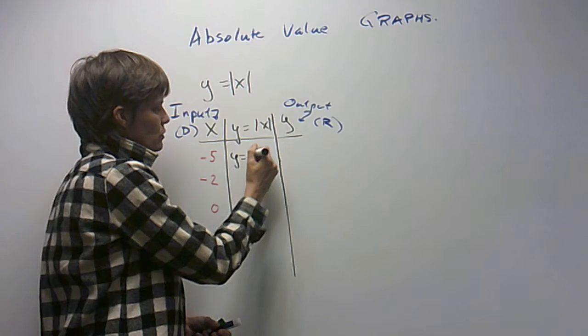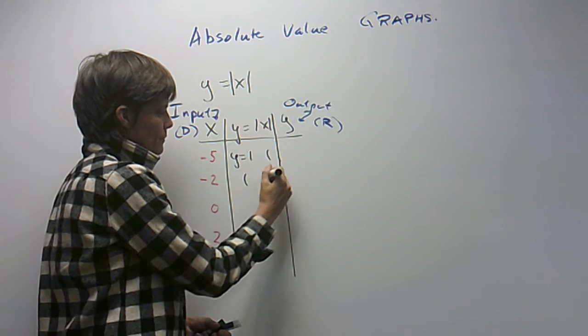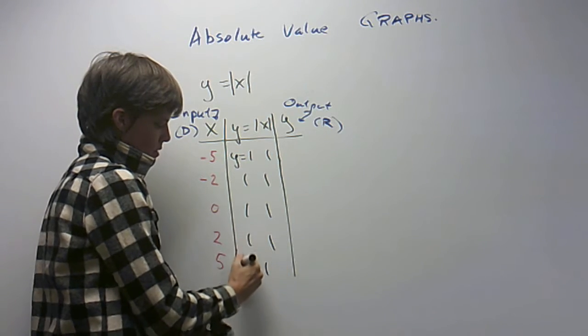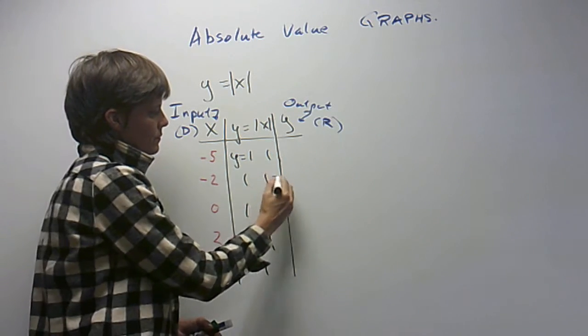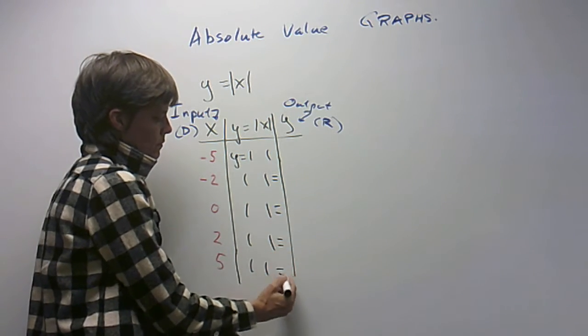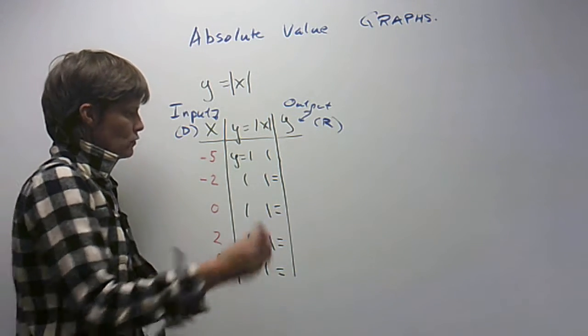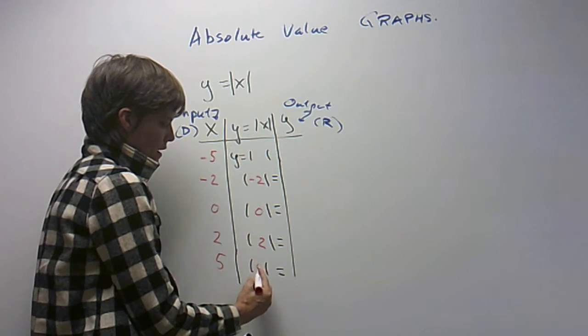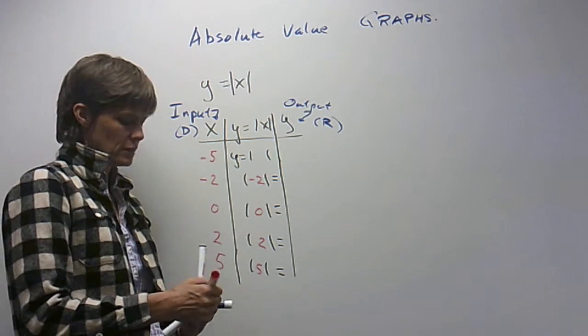Y is equal to the absolute value of that, so I just want the absolute value of that every time, and that's going to give me what I want. So the absolute value of -2, 0, 2, 5, that's my function. I put all these different things in the function.